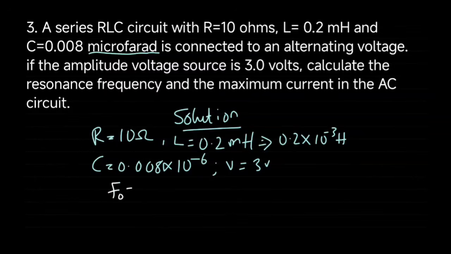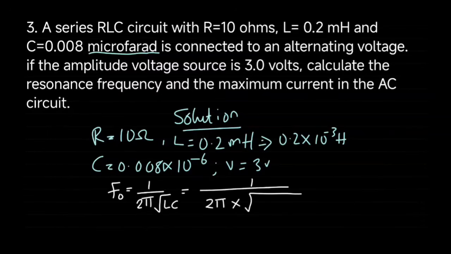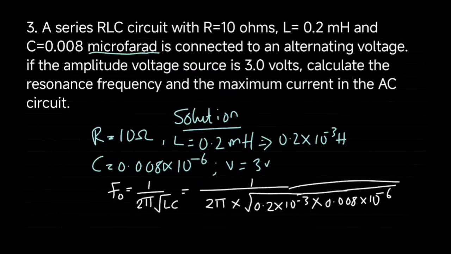My F naught is equal to 1 all over 2 pi square root of LC, 1 all over 2 pi times, my L is 0.2 times 10 raised to the power of minus 3 times, inside the square root we still have 0.008 times 10 raised to the power of minus 6. Give me the final answer, drop it in the comment section.